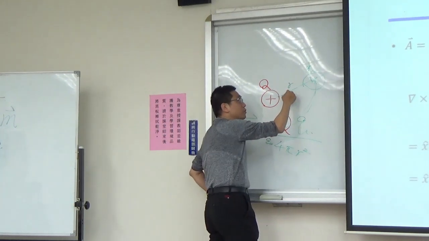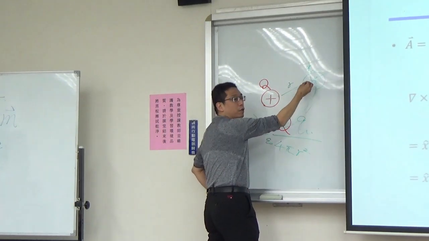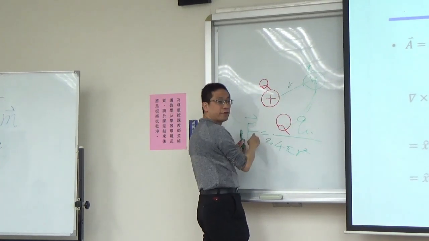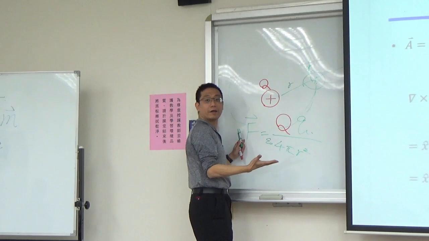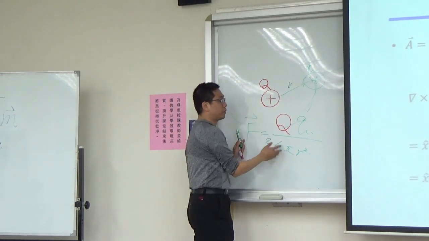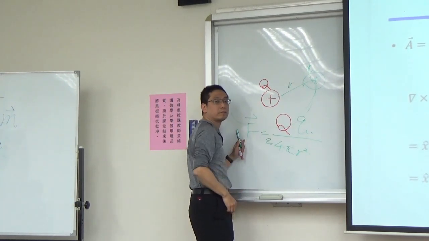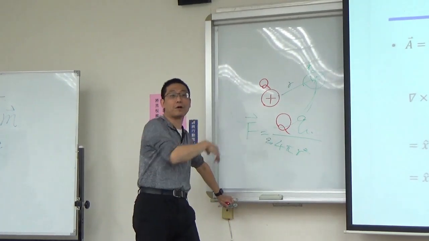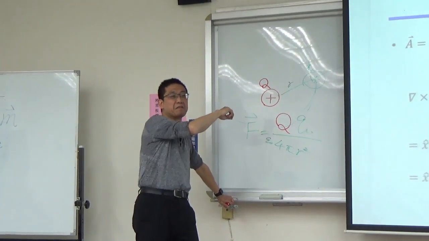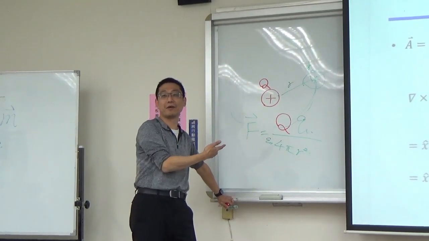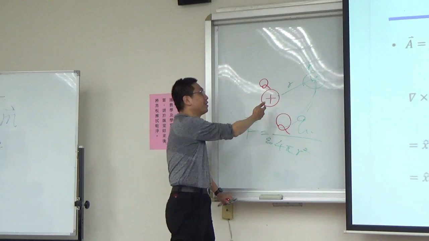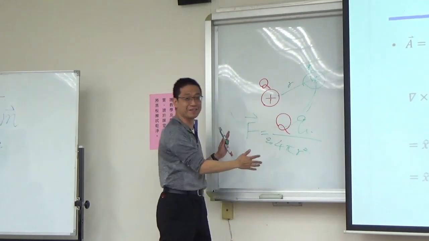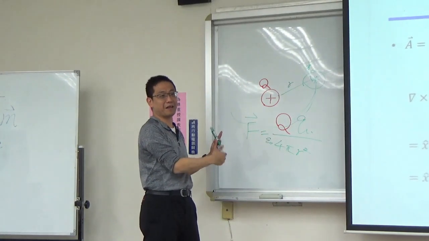If you are close, the distance r is smaller, your F is larger, right? So people did the experiment and then they got this equation. They are very great people. Even for me, it's very hard to repeat. How can you find a charge and define how many coulombs it has, then get this equation? I think that's spectacular work.